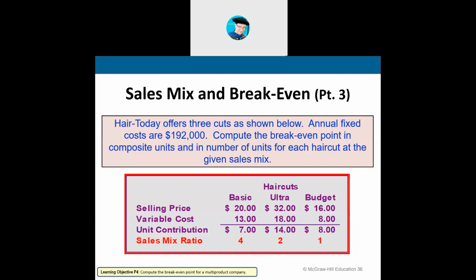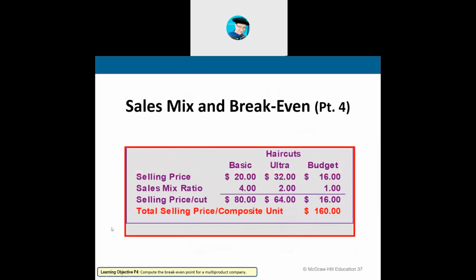So I got sales price minus variable costs equals contribution margin, and then I have my sales mix ratio. Sales price times the sales mix ratio gets me my total sales per type of haircut. My total sales price for the whole company is 160. I add my basic plus my ultra plus my budget, get the 160.